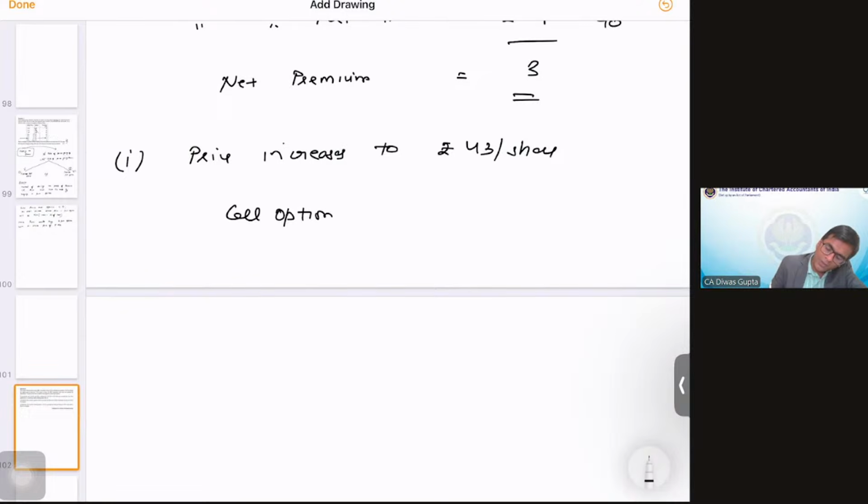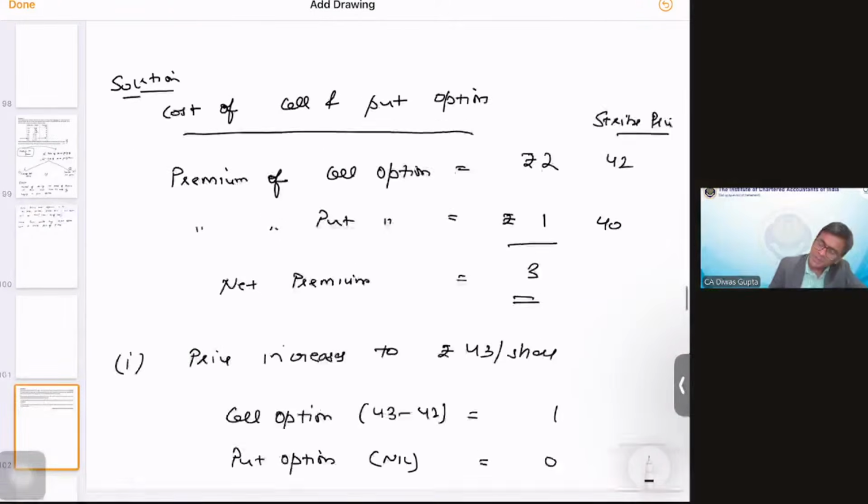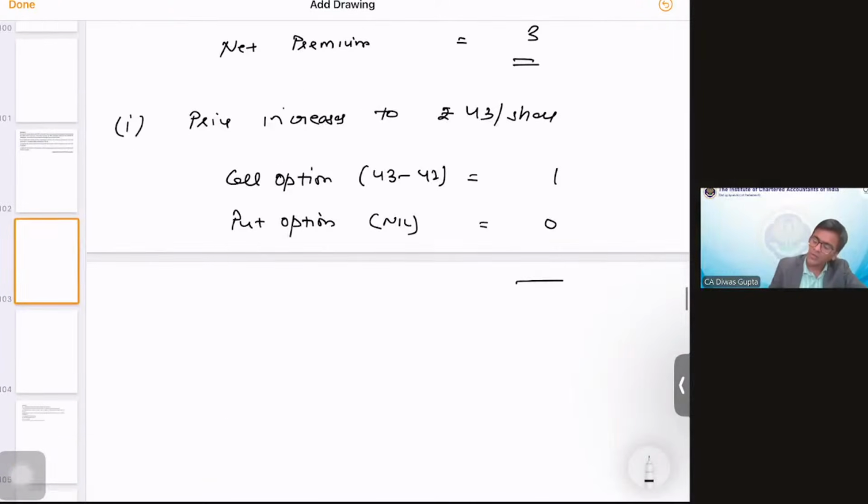So the call option gain is 43 minus 42, right? Effectively, this is rupee 1. Put option: nil. Why? Because the strike price is 40 rupees. If the actual price is higher than 42 rupees, there will be no gain, no loss on the put.